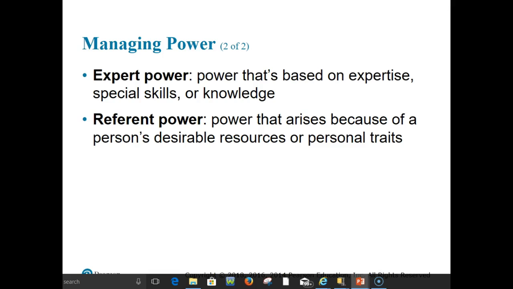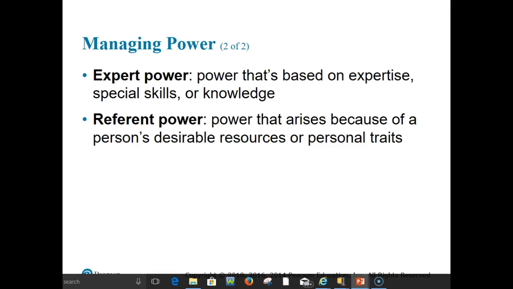Okay, a lot of times you can use expert individuals with high expert power as change agents. They'll be great at eliminating some of those barriers to change because people will follow them because they think if they do what they do, that they're doing the right thing.